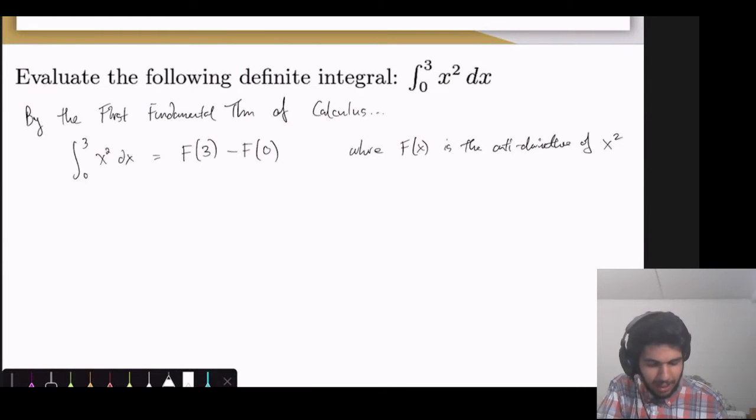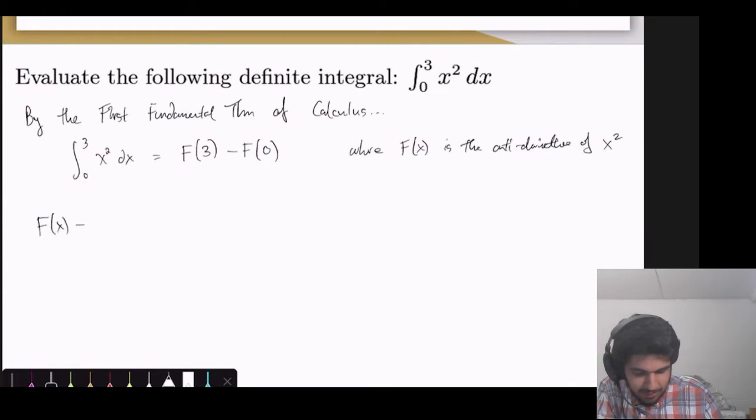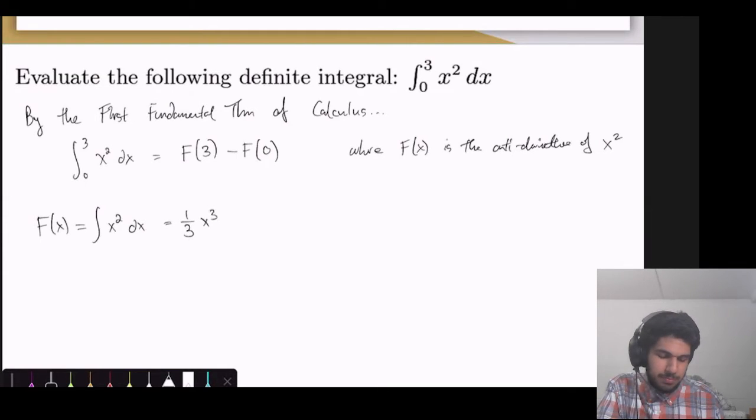So how are we going to do this? F of x can be obtained by doing the integral of x squared dx, the indefinite integral. And we know that this, by the power rule, equals 1/3 x cubed plus c.